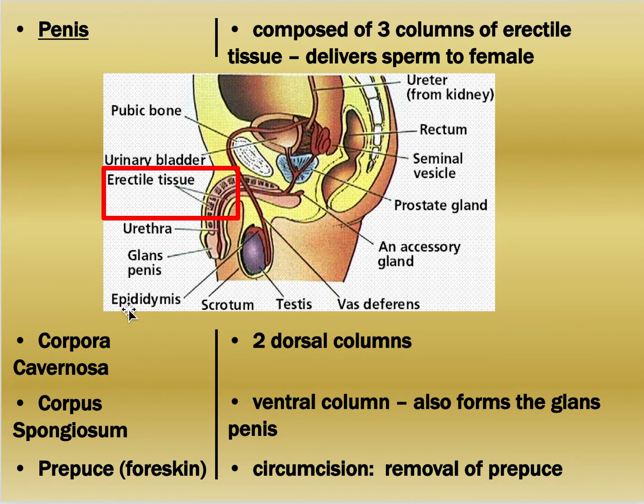So first being the corpora cavernosa. These are 2 dorsal columns, so these are going to be on the back, or the top here. And then you have the corpus spongiosum, which is the ventral column, also forms the glans penis. Okay, and then you have the foreskin as well. So those are the structures that are going to make up the penis.